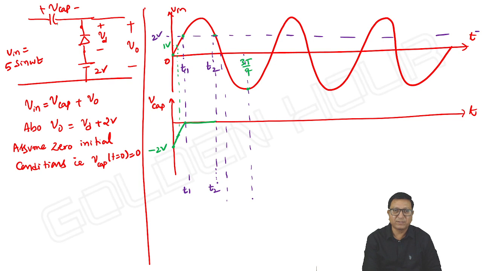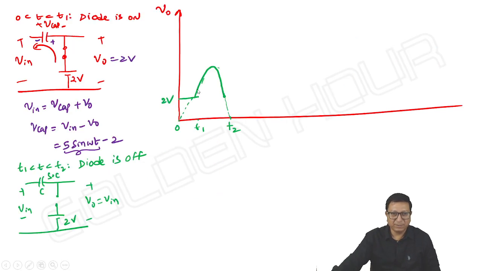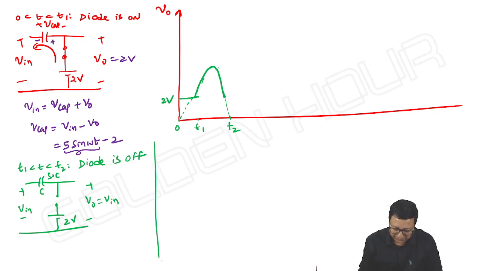Once the diode is on, the capacitor again starts charging towards a voltage given by input minus V reference. So for T2 less than t less than 3T by 4, again the diode is on.